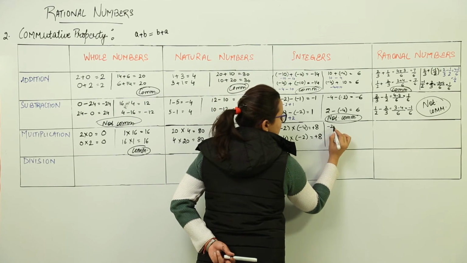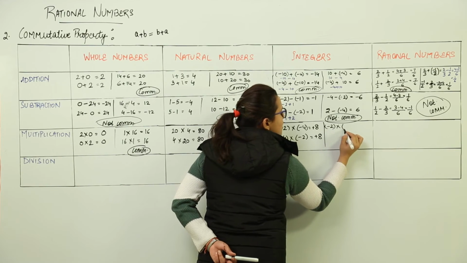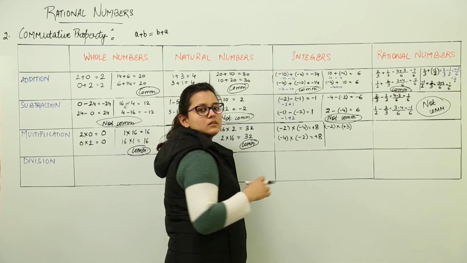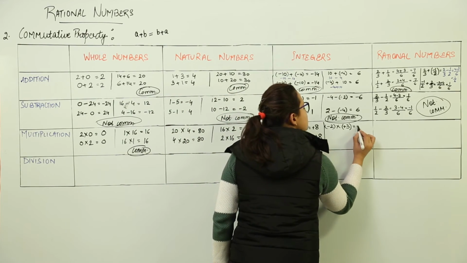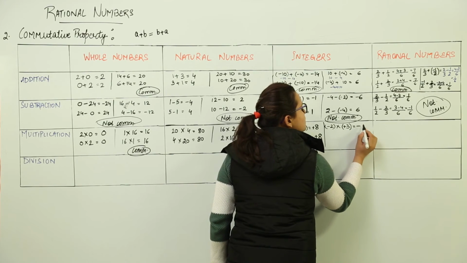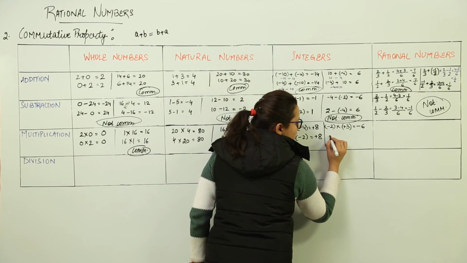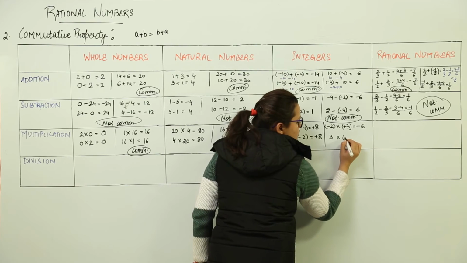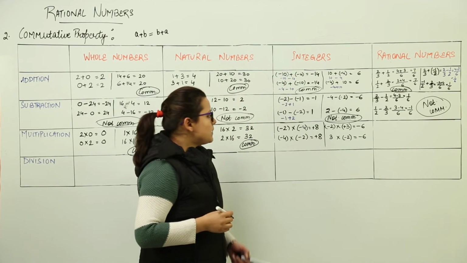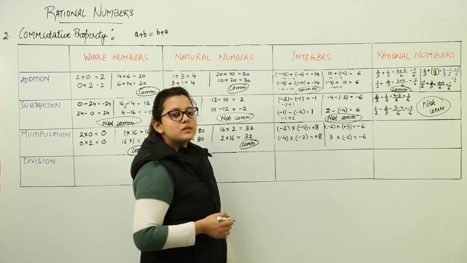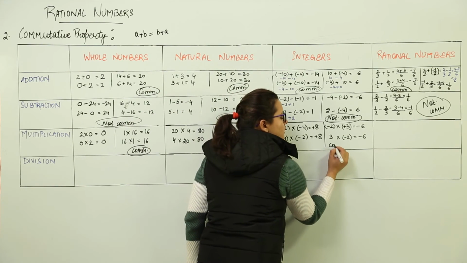It can be minus 2 into minus 3 or make it plus, just to make it a different category. This becomes minus plus becomes minus and 2 into 3 becomes 6. If you multiply 3 into minus 2, that will remain minus 6. So we can say here also the property is remaining commutative only.